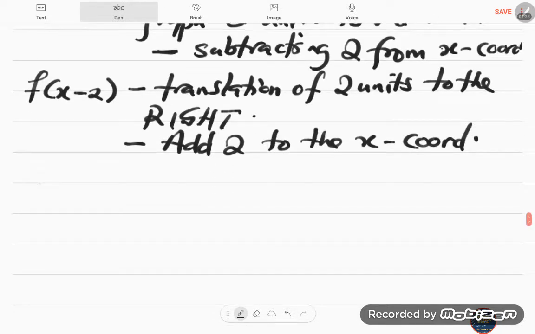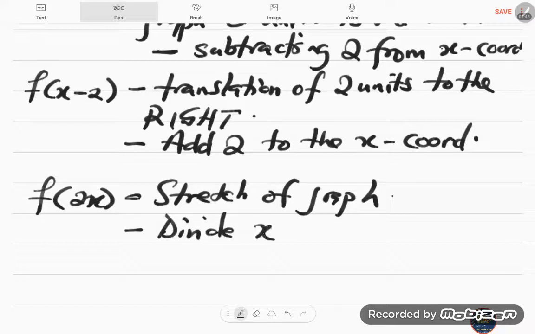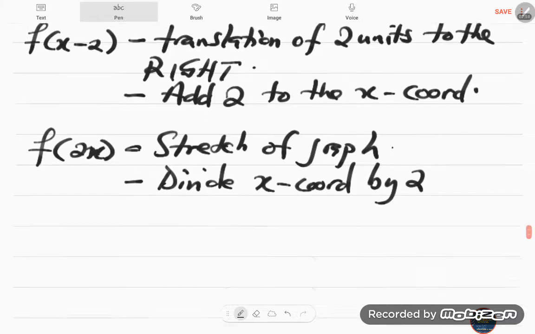Proceeding, we have f of 2x. Again, because it's inside the bracket, the effect is going to be opposite. This one, because it's multiplication, is going to be a stretch of the graph. But what kind of stretch? Because it's opposite, we divide the x coordinates by 2.